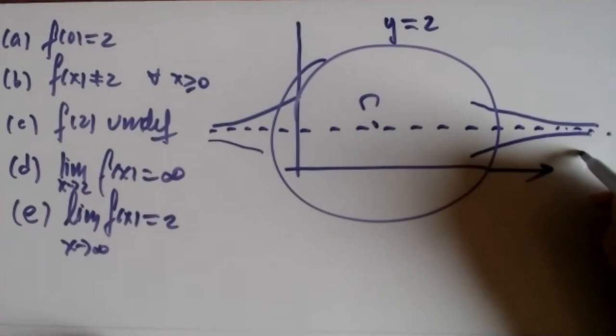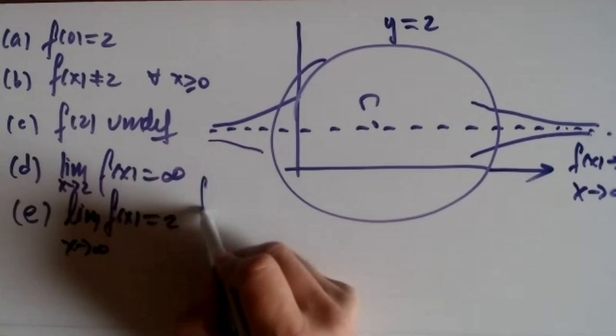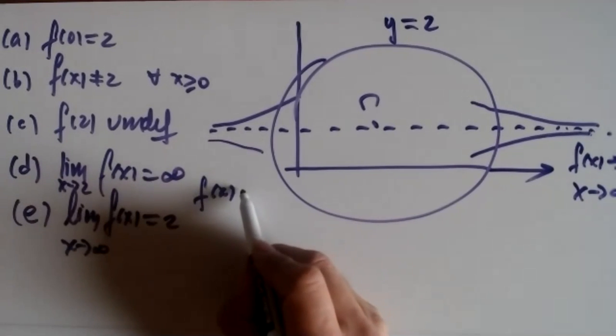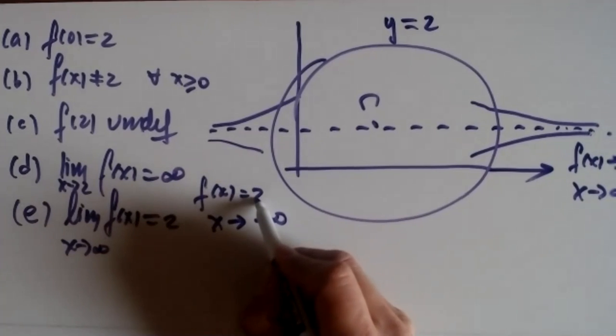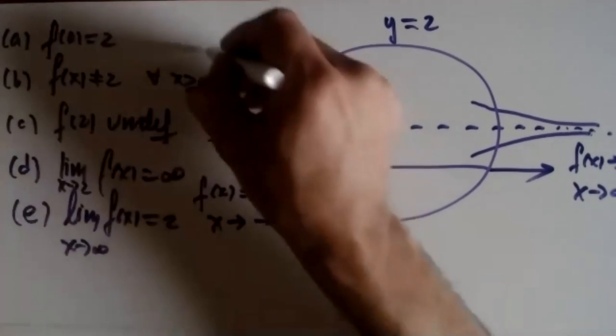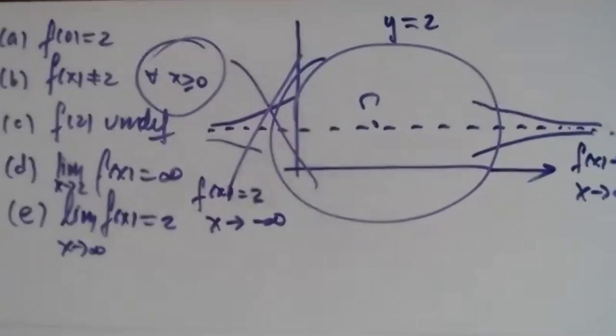So here, f of x approaches 2 as the x increases, correct? Here the same. f of x approaches 2 when the x decreases, right? But there is a problem here. The x is positive, so this portion cannot exist.